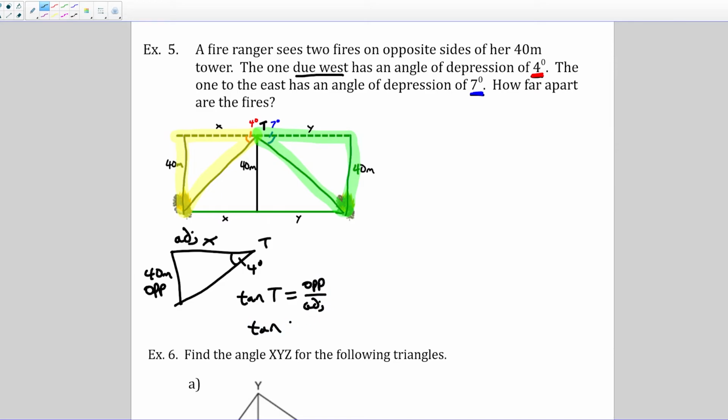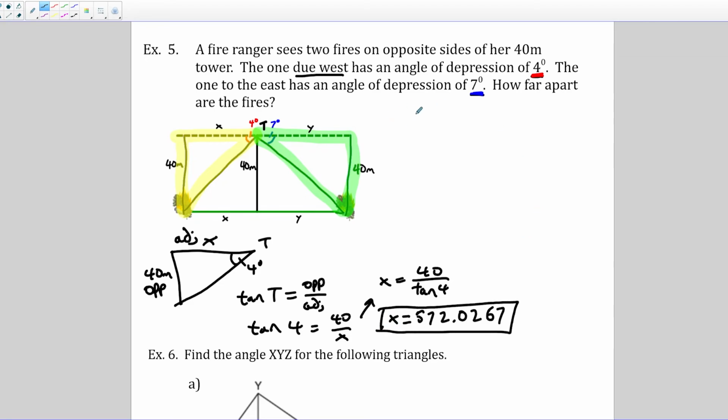Tangent of 4 is equal to 40 over X. So X is equal to 40 over tangent of 4 degrees, which gives X equal to 572.0267. Let's keep that in mind for now.